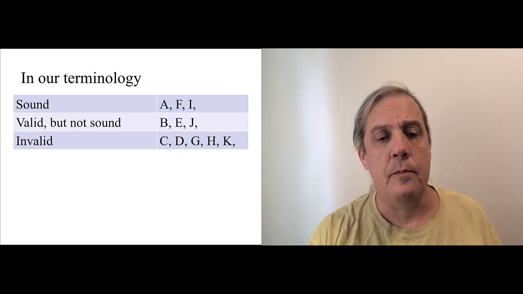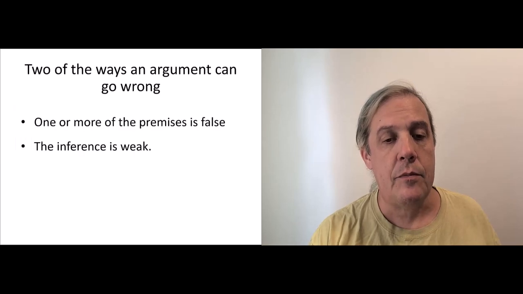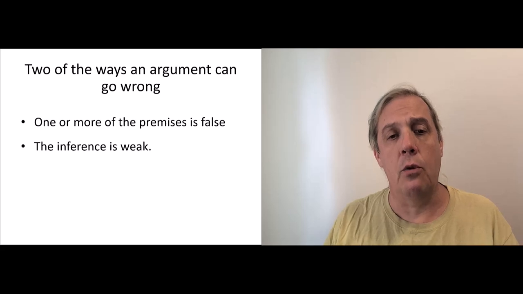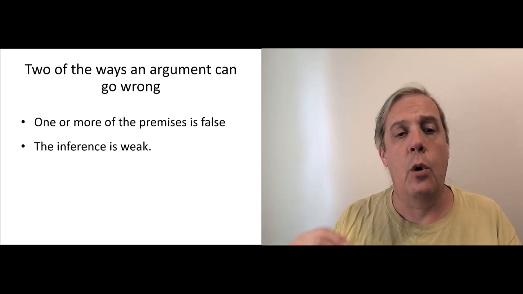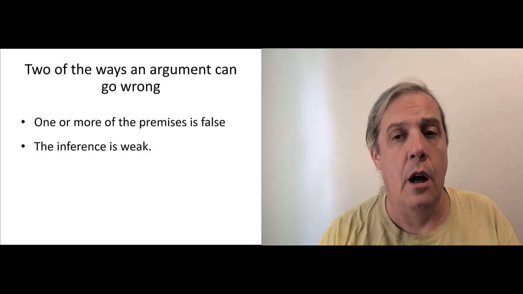But basically the idea is, as I said before, there are 2 ways an argument can go wrong if you just look at the argument in itself. One or more of the premises can be false, and the inference could be weak. And I said in the previous video that this corresponds to 3 questions you should always be asking.